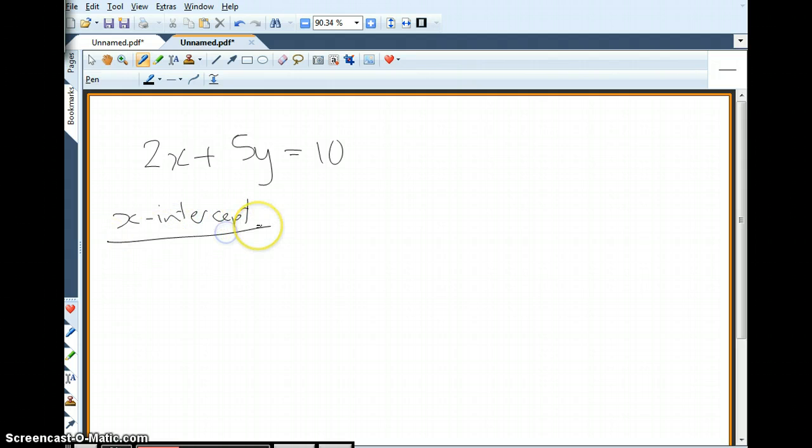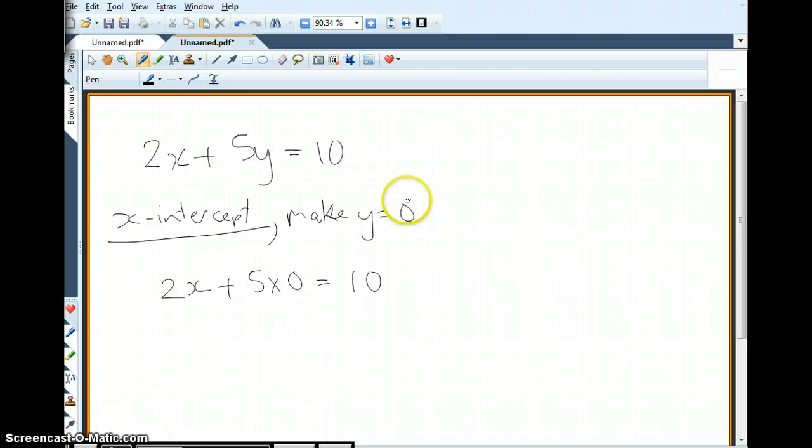What's my method? Make y equals 0. So substituting, 2x plus 5 times 0 equals 10.